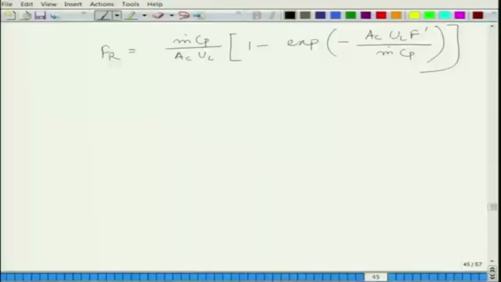Now, I bring your attention to this prefactor and this exponent. Do you see any similarity between these two terms? They are very similar, right?